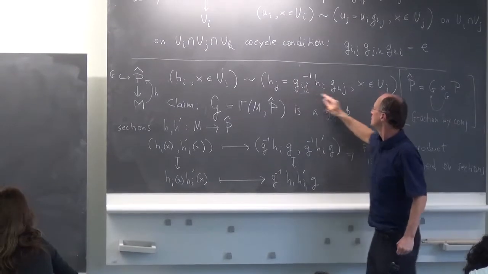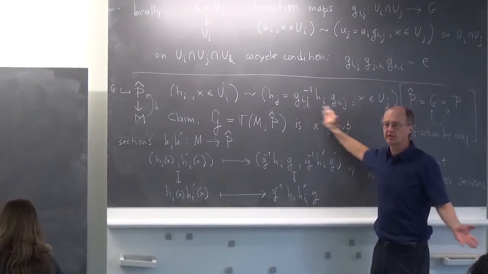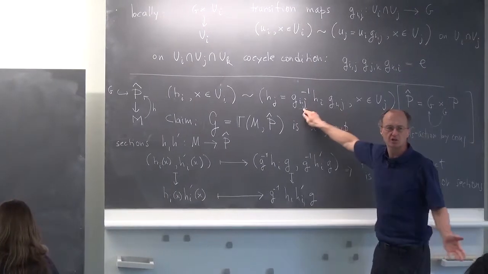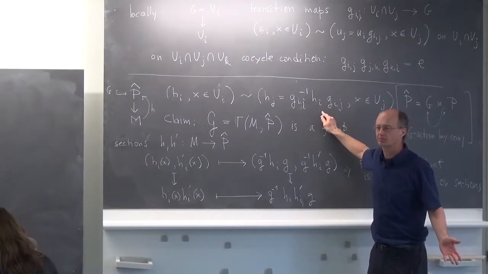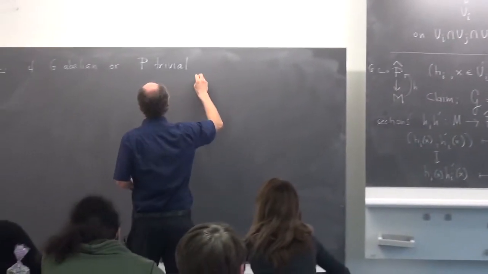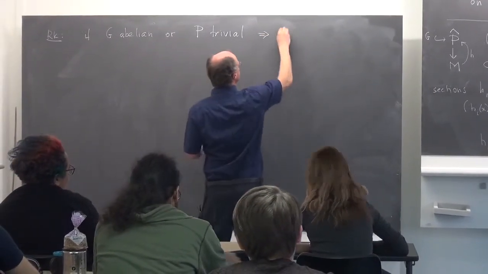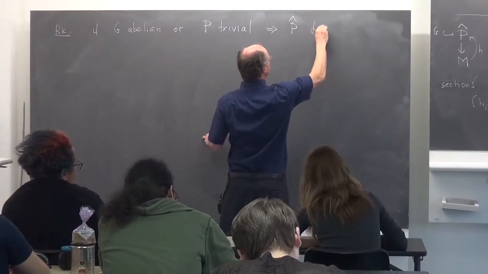Or if G is an abelian group, then this conjugation is just trivial, right? So g minus 1 and g, they multiply and they give you 1. So in this case, P hat is trivial.